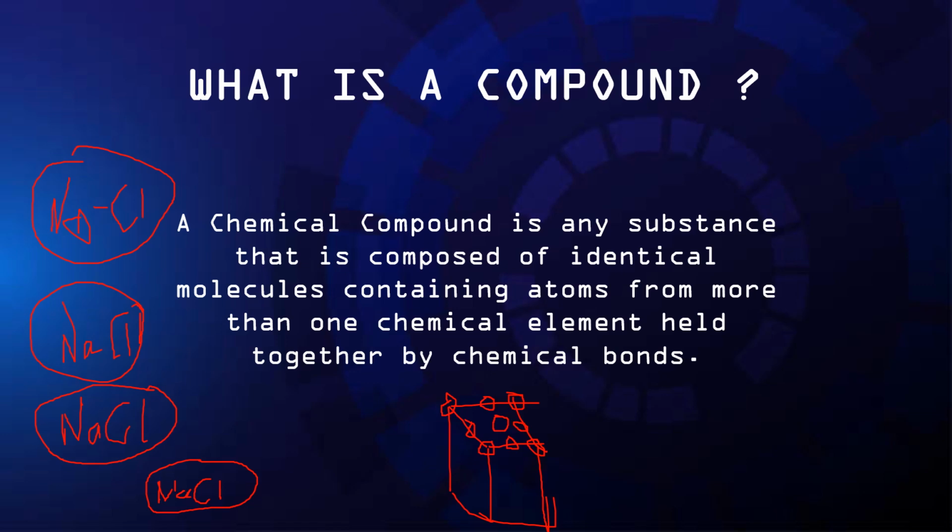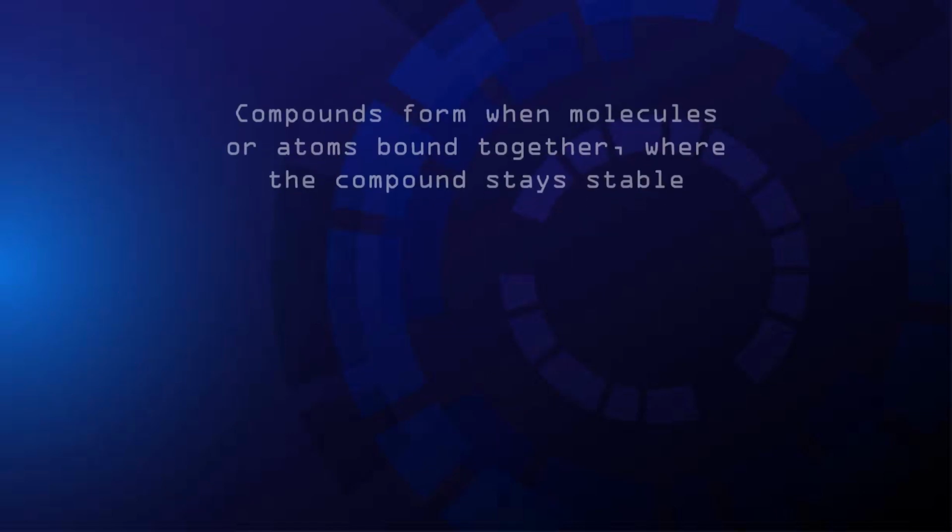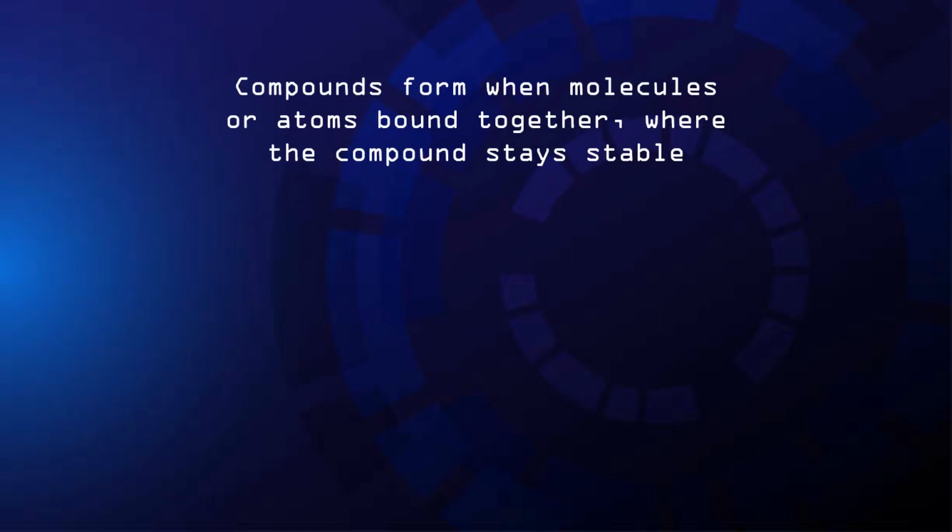In this way, it will bond so that there are an equal number of sodium atoms and chlorine atoms, and the electrical charge remains neutral. So this networking of molecules makes them stable.